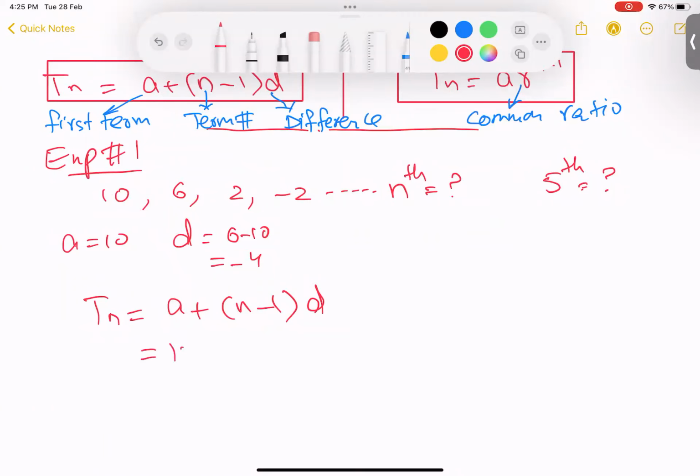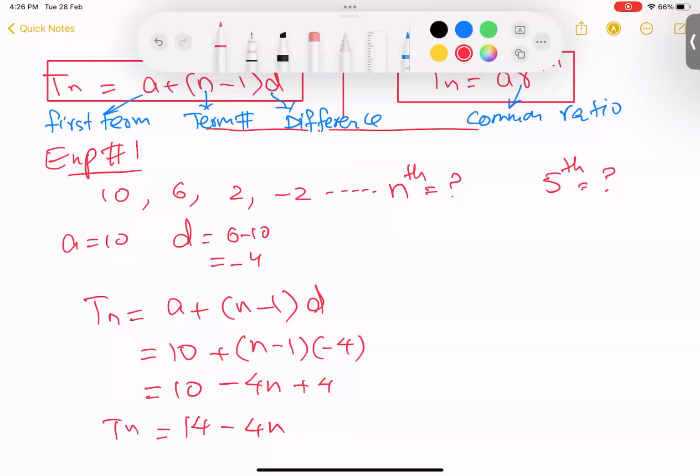When this 10 comes here, n is n, because I'm looking for the nth term, and d is -4, and I'm writing -4 here. 10 copy as it is, -4 multiplied by n will give us -4n. And -4 multiplied by -1 gives us 4. And 10 plus 4 gives you 14. And this -4n copy as it is.